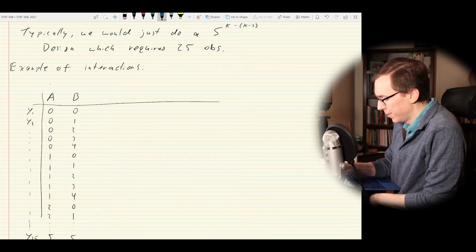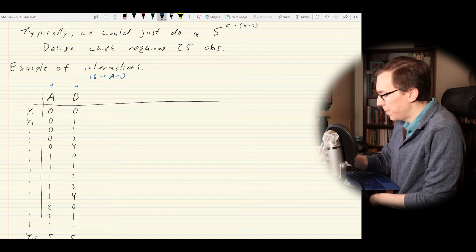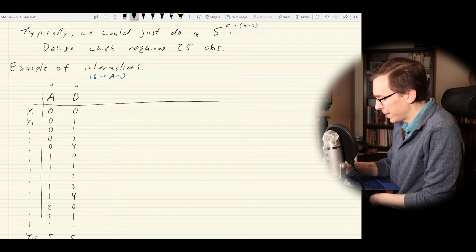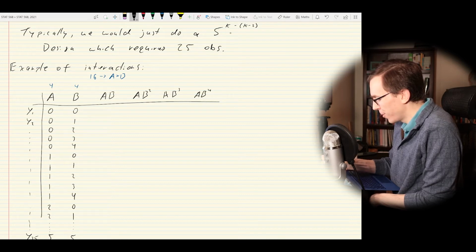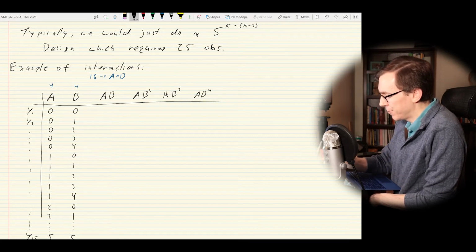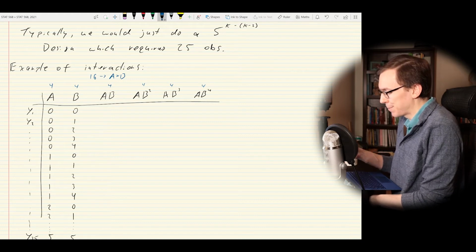This is going to be 4 degrees of freedom for A, 4 degrees of freedom for B, and then we're going to have 16 degrees of freedom for A crossed with B. But that's going to break up into 4 different columns, AB, AB squared, AB cubed, AB to the 4th. Yes, and these are each going to have 4 degrees of freedom associated with them. And like I said, these interactions may be extremely hard or completely impossible to interpret.